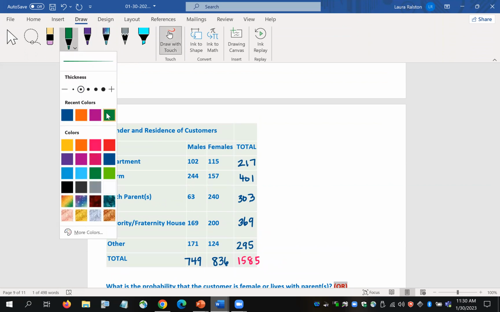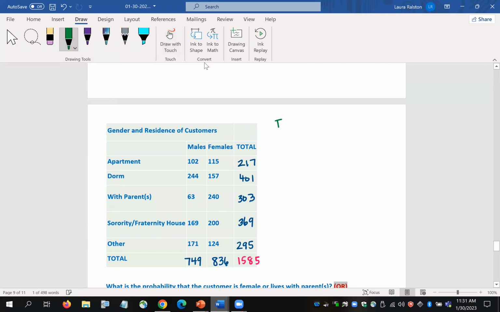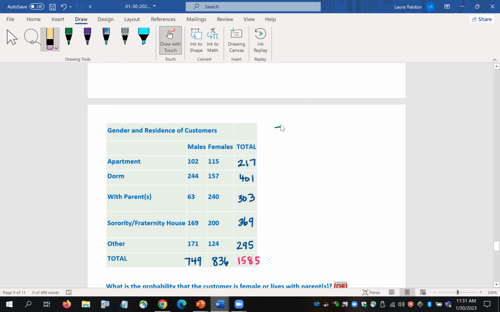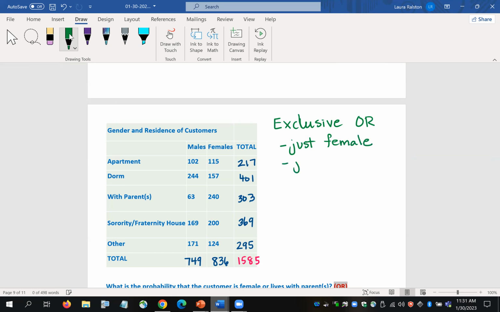In statistics, we use what is called an exclusive or, meaning I can have just female, just parents, but not both.